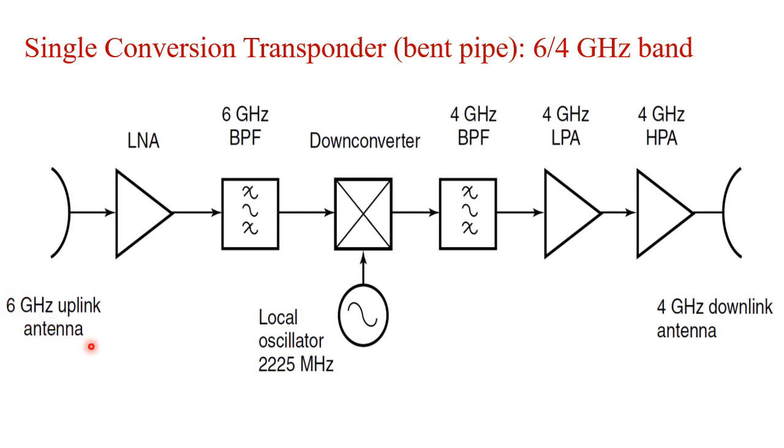Not only that, the ground station antenna must have very high gain because it must point towards the satellite, and its beam should not be intercepted by the adjacent satellite, right? So the beam must be narrow enough.